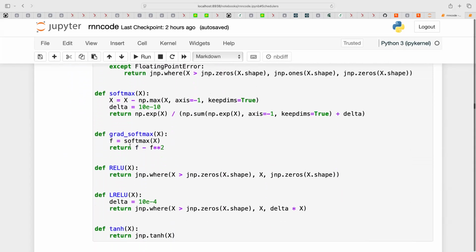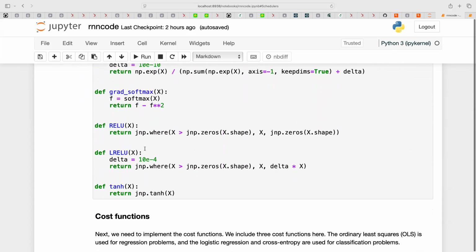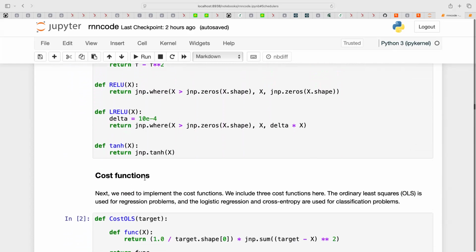This is the gradient of the softmax, because we had some problems with JAX and the softmax. There's a ReLU, the leaky ReLU, the tanh, and you can add more functions. A function which is very popular now is the GELU, which gives you a Gaussian distribution, and that may work better in some applications. But as I said, it's pretty common to try different types of activation functions.